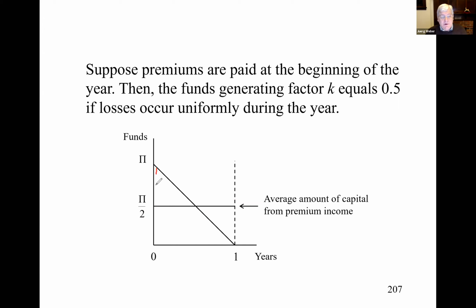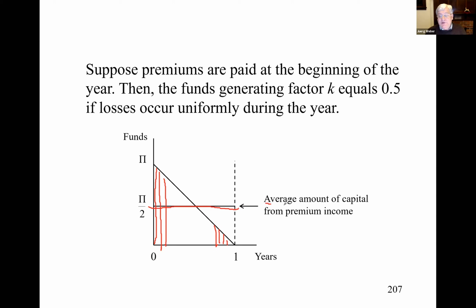So here at the beginning of the year, the insurance company has that premium income and then slowly uses it up. So it has a lot of funds. Towards the end of the year, it has used up most of the funds from the premium income. So the average amount of capital from the premium income is just 1/2 of it.